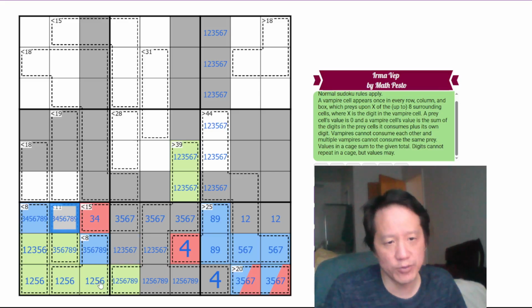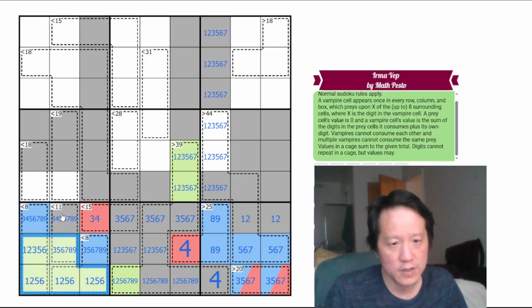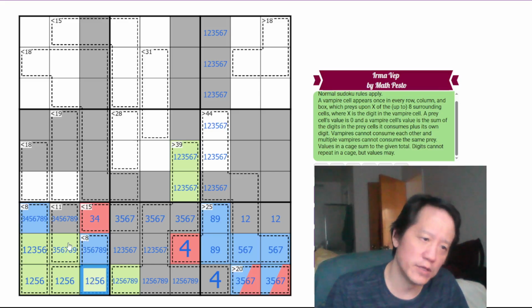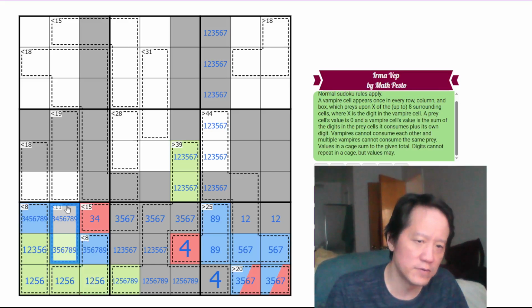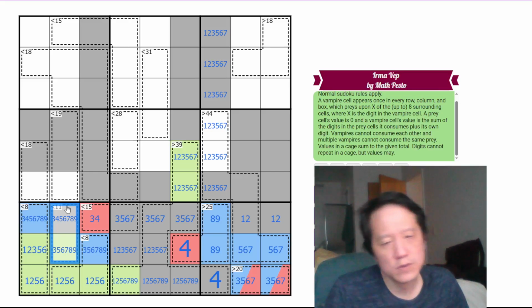If this is not preyed upon here, we know this, then the sum of these 6 digits, it could work maybe. This would have to be 3 and 7. That does seem to work.